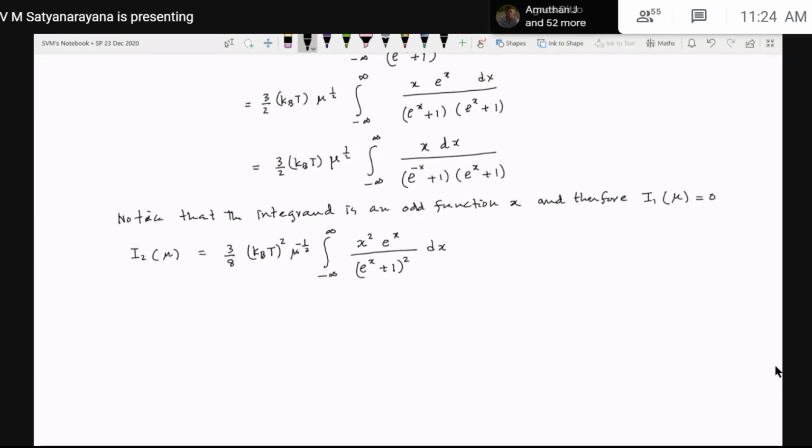Now this is something which we have to evaluate, because this is an even function, by the same logic as we have seen earlier. So this needs to be evaluated.